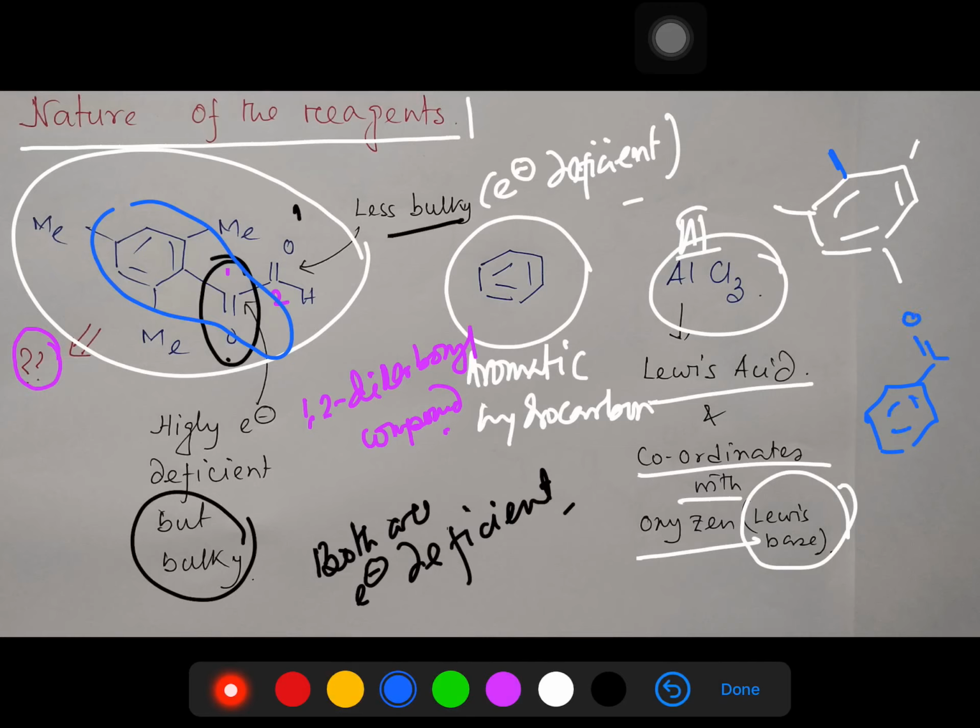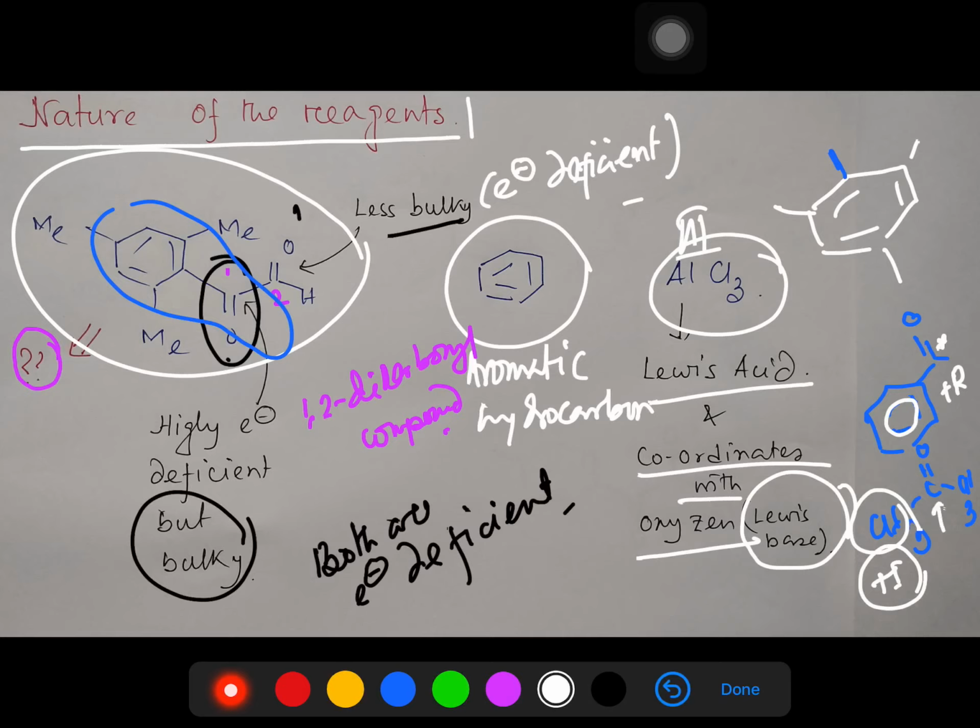It is less electron deficient compared to its aliphatic analog, acetone. Why? Because in this case the phenyl nucleus shows its mesomeric effect and reduces the electron density of the carbonyl carbon, whereas in acetone only the inductive effect is possible, which is not that efficient. That's why acetone is more electron deficient.